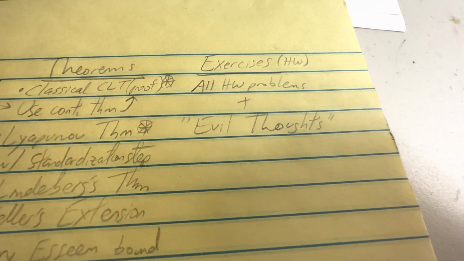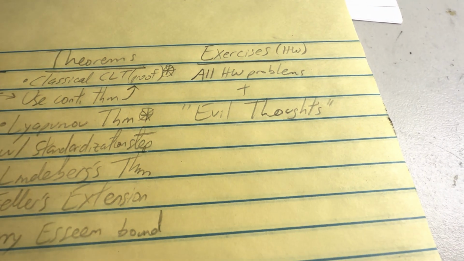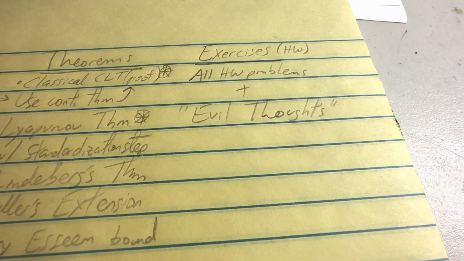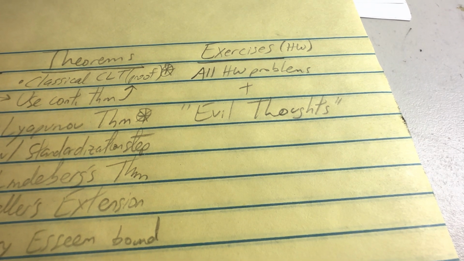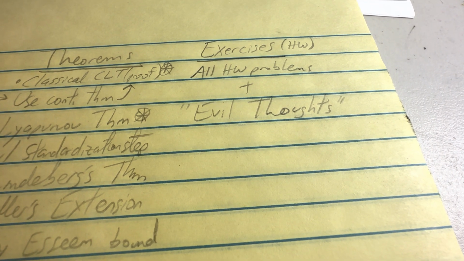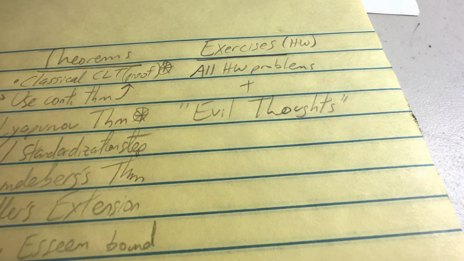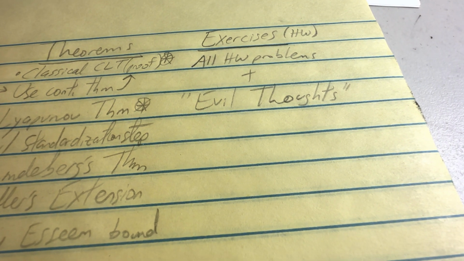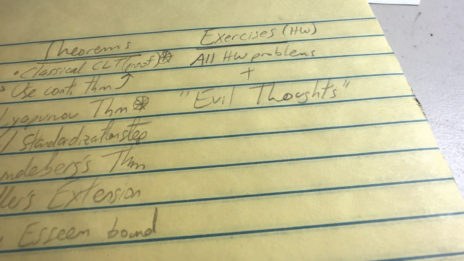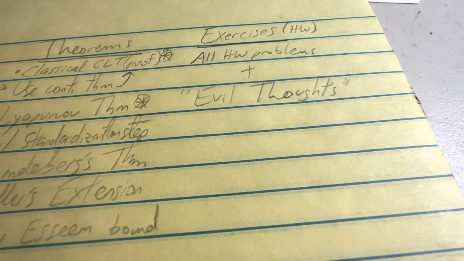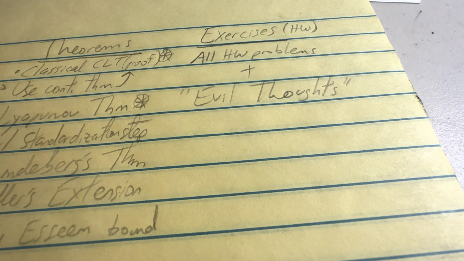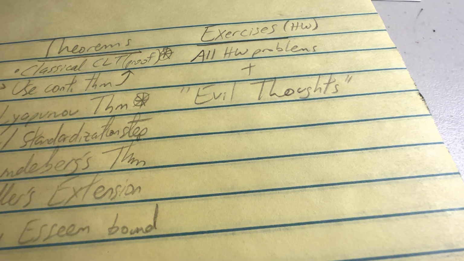We should know all homework problems, plus any evil thoughts he said that he might come up with. I'm a bit scared by that, because it's hard to apply this stuff when you don't have very many examples. And it's hard to find examples that are specific to this, because we're learning stuff that's very specialized.